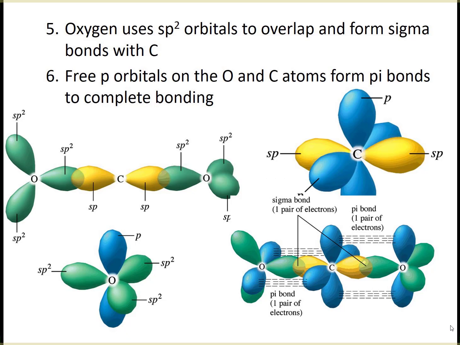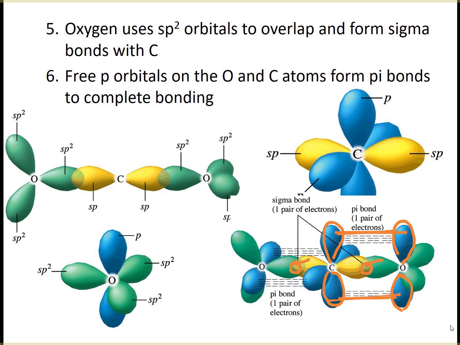So this is right here the sigma bond, one on each side of the carbon. And then the pi bonds line up, but on different planes. So you have one p orbital lining up here, which would be along the y-axis. So I get a double bond there.